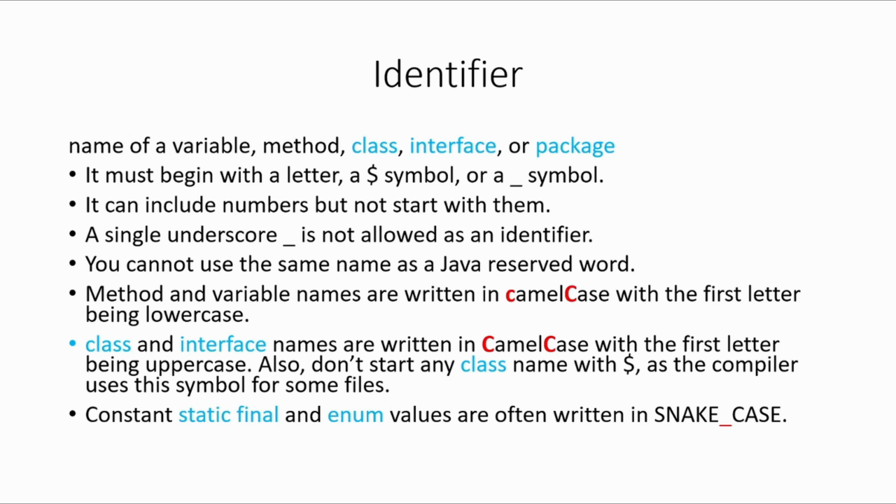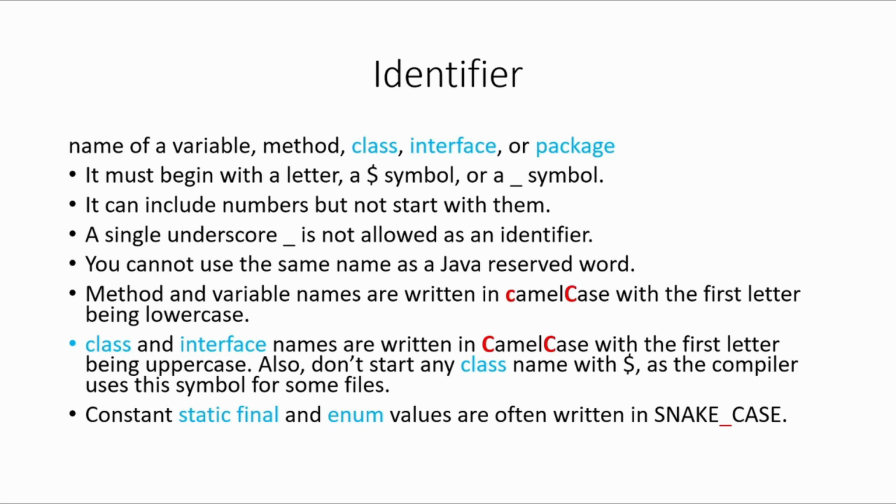There are some rules: it must begin with a letter, a dollar sign, or an underscore symbol. It can include numbers but not start with them, so the number can be in between. A single underscore is not allowed as an identifier. Next, you cannot use the same name as Java reserved words. So what are the reserved words?